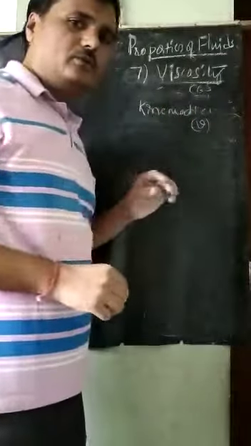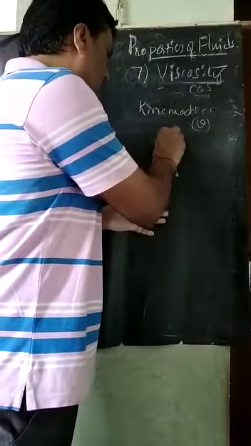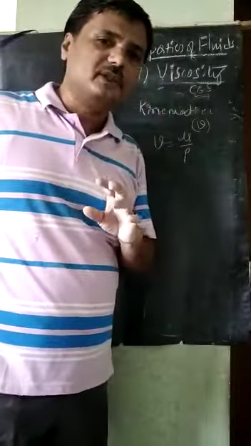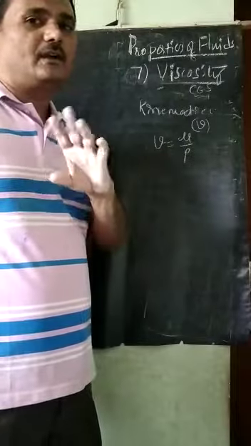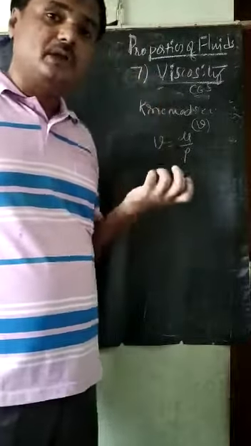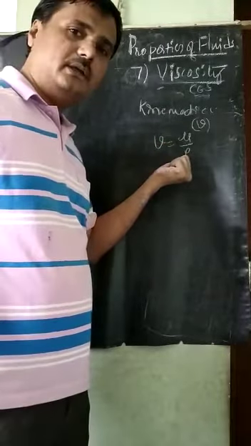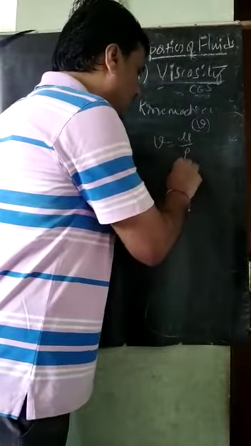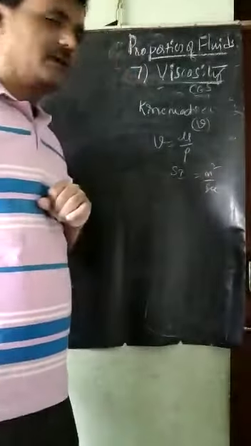It is nothing but v equals mu by rho, the ratio of the dynamic viscosity to the density of the fluid. So this kinematic viscosity, what is the unit? After substitution of the mu unit and rho unit, what can we get here? Here we are getting in SI, meter square per second. What is the unit we are getting here now?